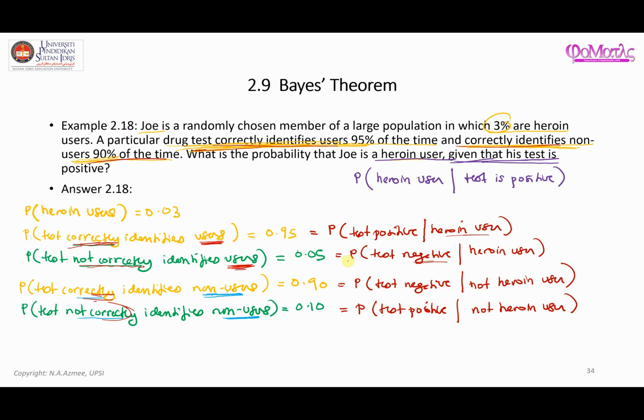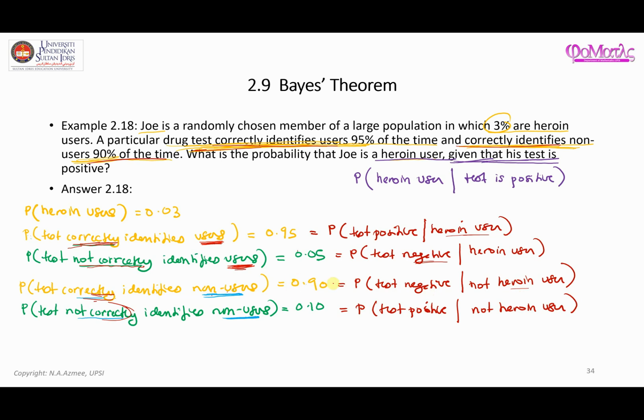So here the probability is small, 0.05, but there is a 5% chance of saying the person is not a heroin user when they are in fact a heroin user. And similarly, when the person is not a heroin user, we expect the test to give a negative result, because the person is not using drugs.